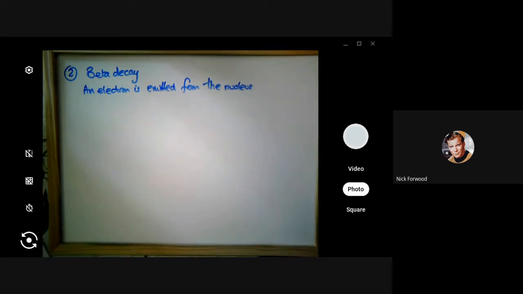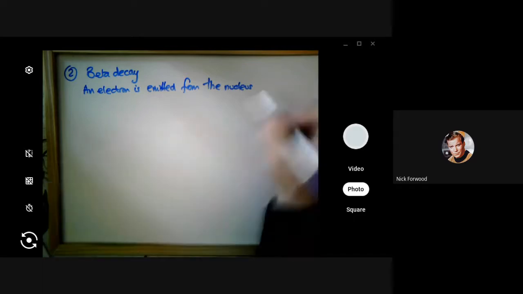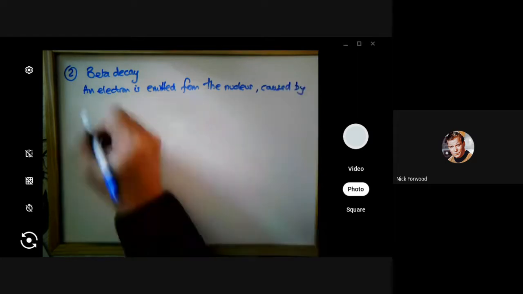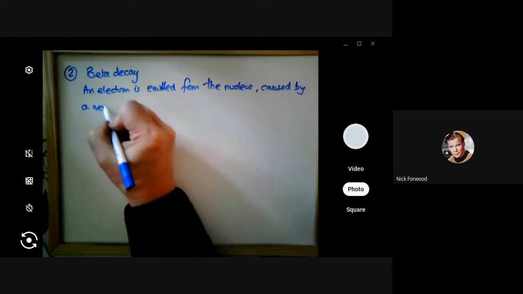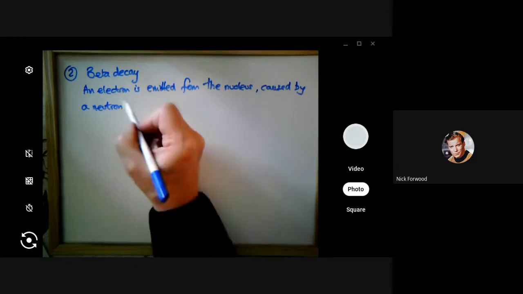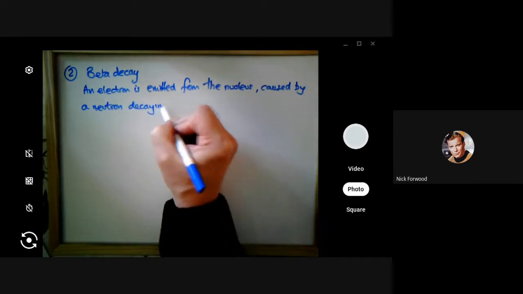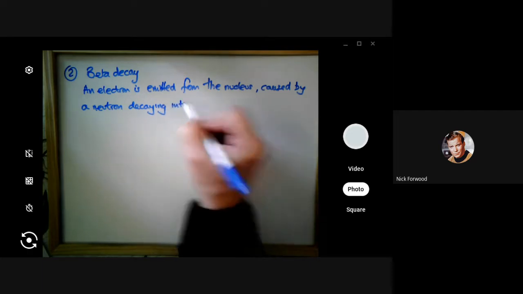But we know that that is caused by a neutron decaying into a proton.